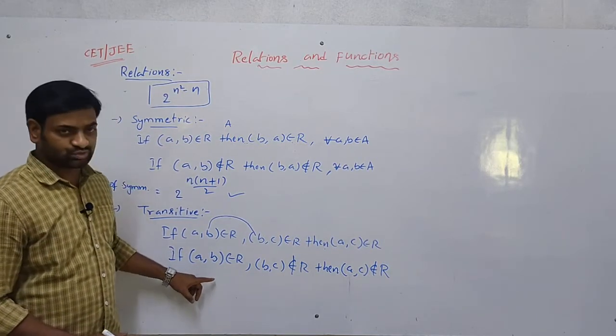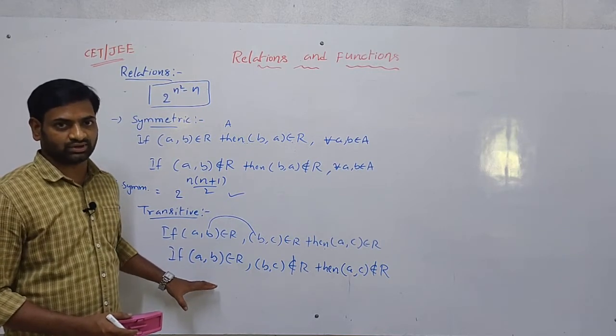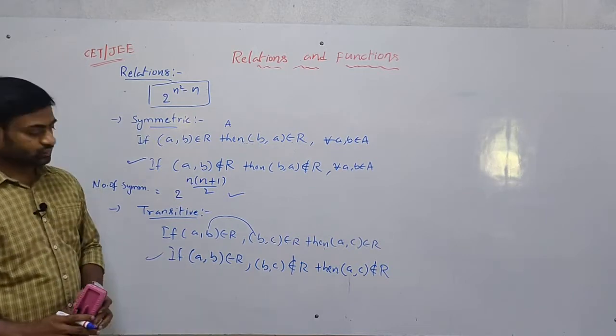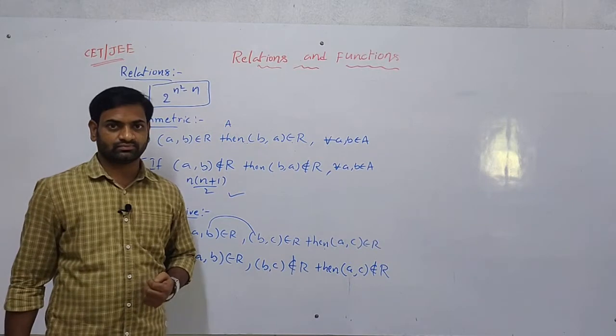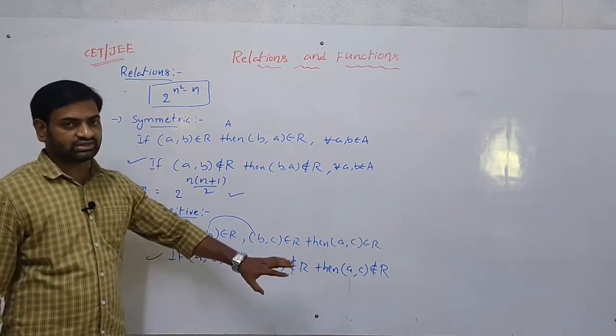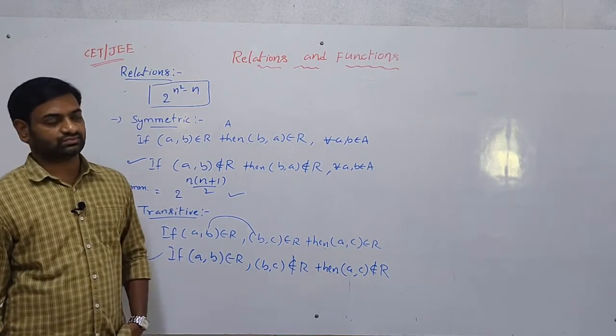Remember this one, it is most important when we are solving problems. This one and this one. What is the condition? Actually two pairs should exist, but in the two pairs, the second pair does not exist.